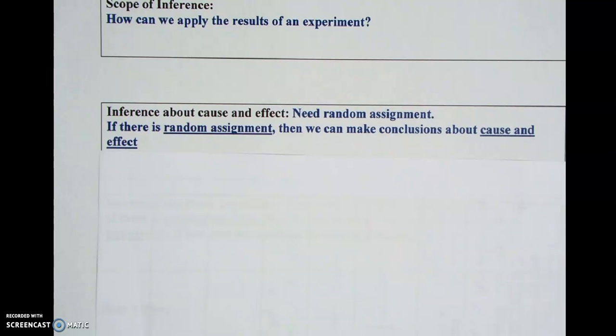If not, then we just have a very general statement of like this tends to happen. But when we do random assignment, like with an experiment, we can say, all right, well, this drug causes this reaction in patients with the disease or something like that. It's the cause. It's not just that they tend to, it's that it's the cause. So one thing that we check with any scenario is, is there random assignment? And if so, then we can say, okay, so this is the cause and the effect.